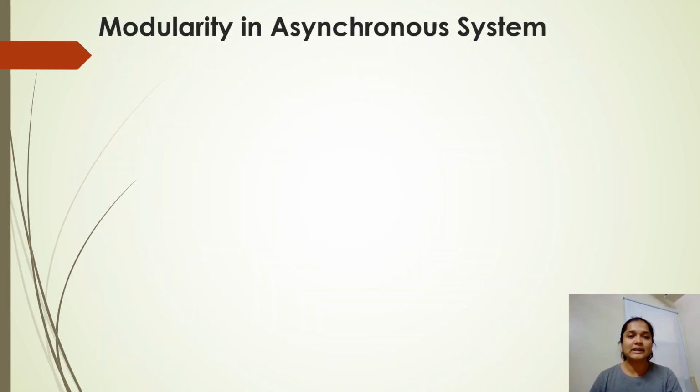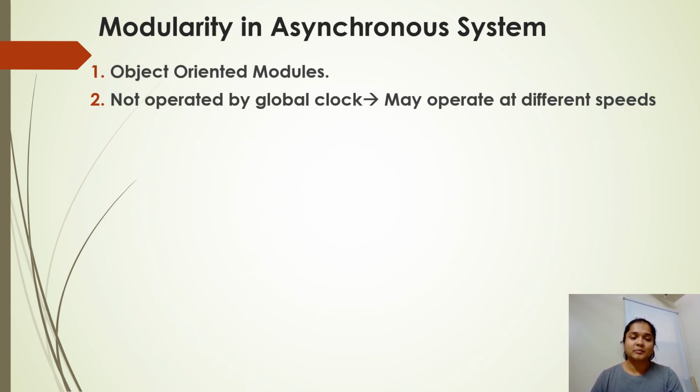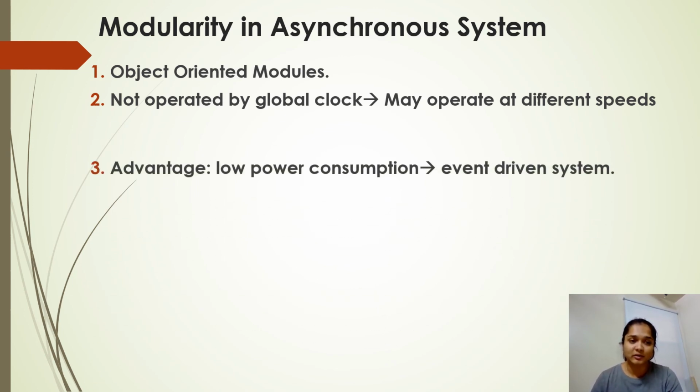My next point is modularity in asynchronous systems. It uses object-oriented modules. As we discussed earlier, it does not follow a centralized clock function or a certain fixed clock period to transmit a signal. That is the reason it may operate at different speeds, because it is not operated by a global clock.